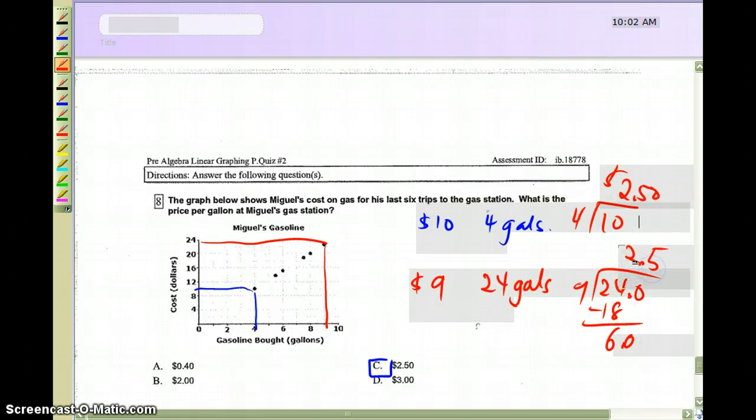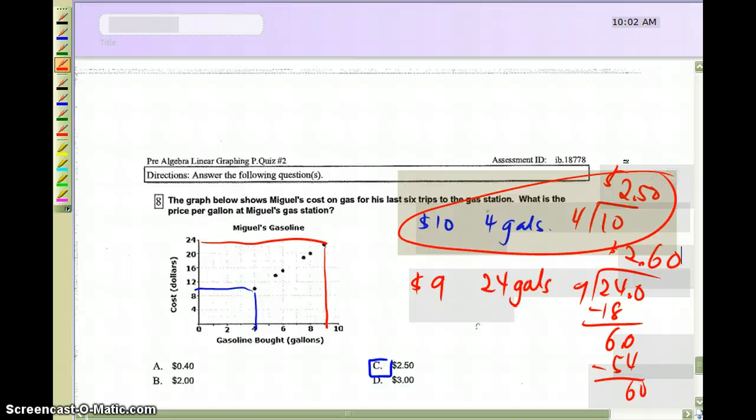Was very close to $2.50 as well. Okay, about $2.60, maybe, but you'll see that it was very close to that amount. $2 was a little too small, actually.